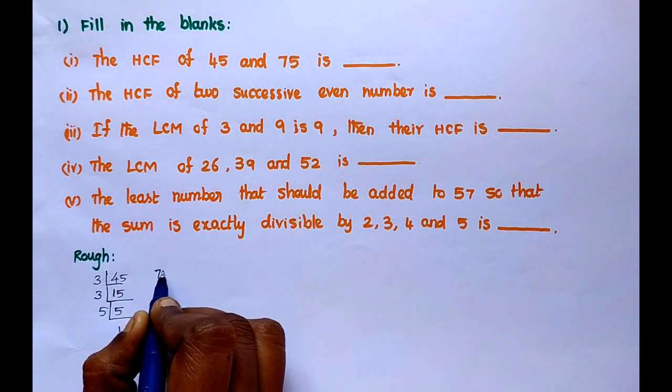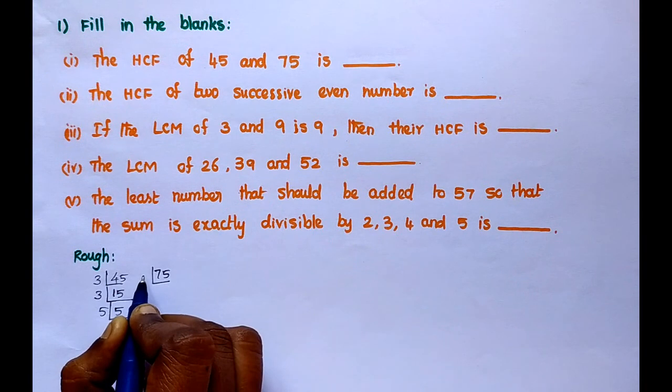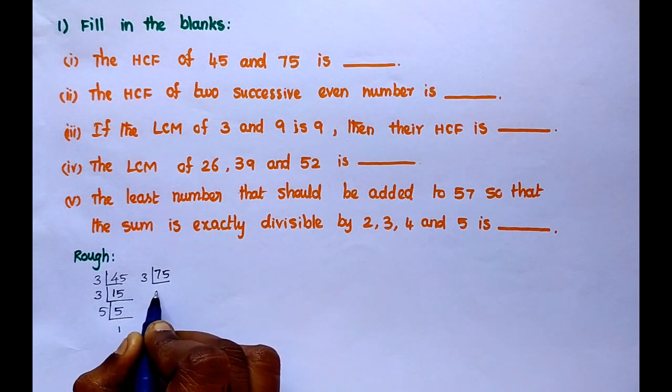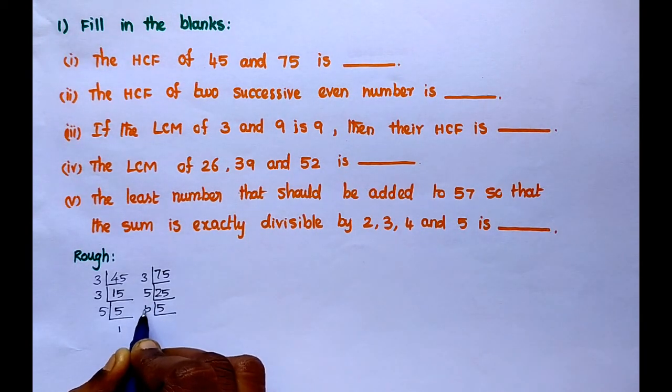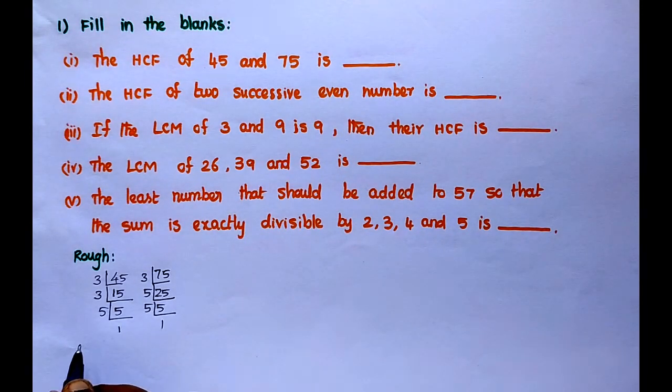And 75 is divisible by 3. 25 3s are 75, 5 5s are 25. So what are the factors? 45 equals 3 into 3 into 5 into 1, and 75 equals 3 into 5 into 5 into 1.